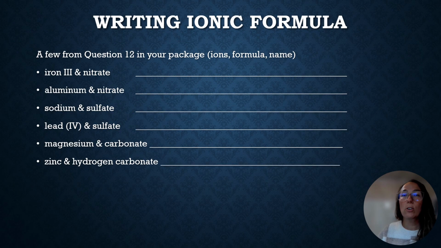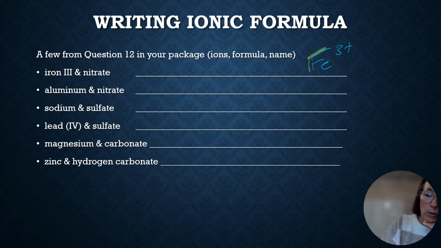Okay, so these are also in your package. So about taking ions or taking a name and writing it. This would be called iron 3 nitrate. You look at it and you've got an iron 3+, and then you have a nitrate, which is on your polyatomic ion table, of an NO3-.